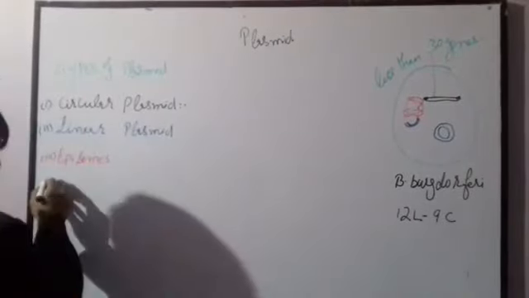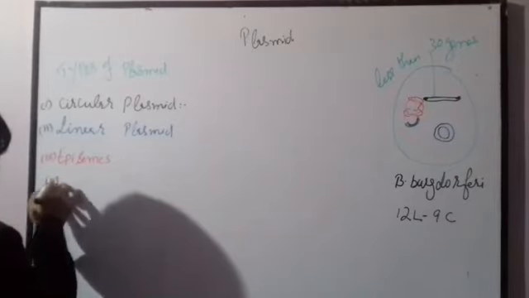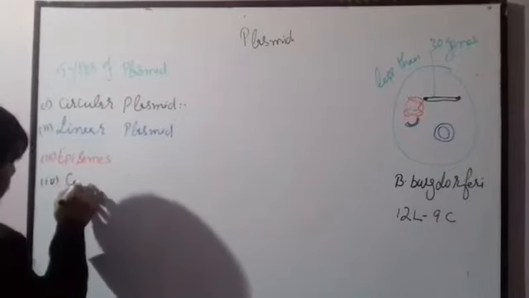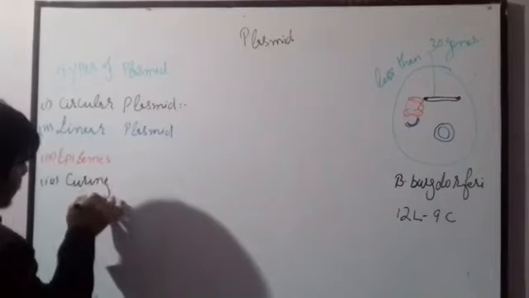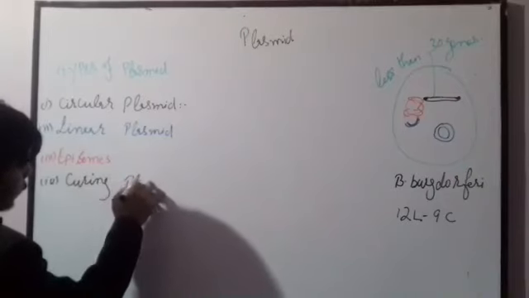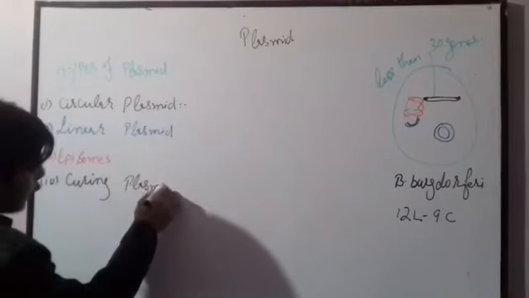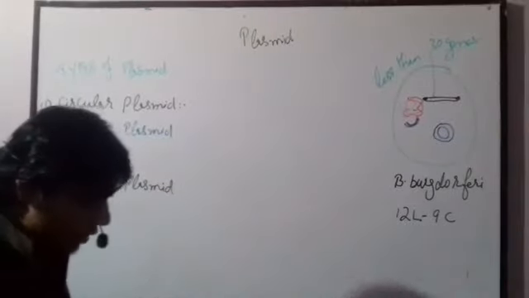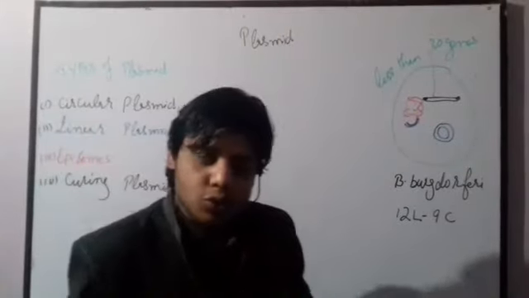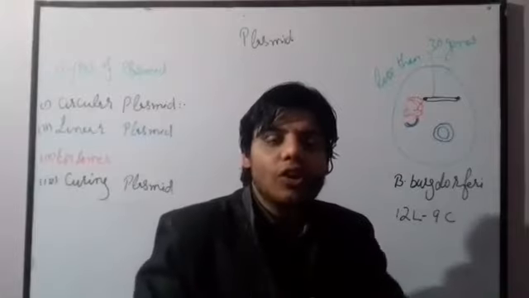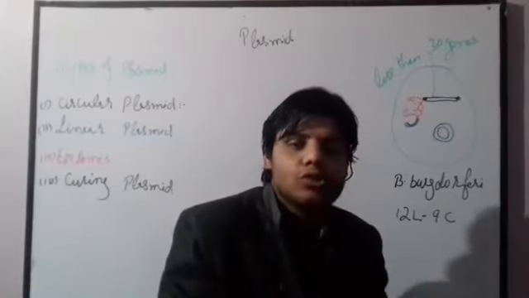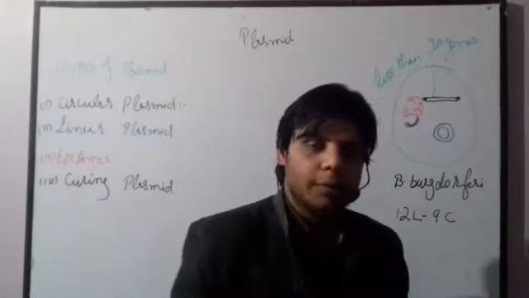Then we have curing plasmid. Curing plasmid is also in a circular form, and it is a plasmid which can transfer its same characteristics to the daughter plasmid.